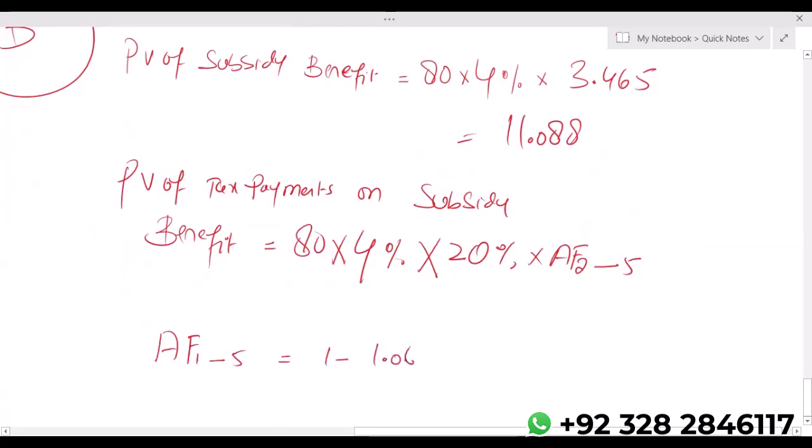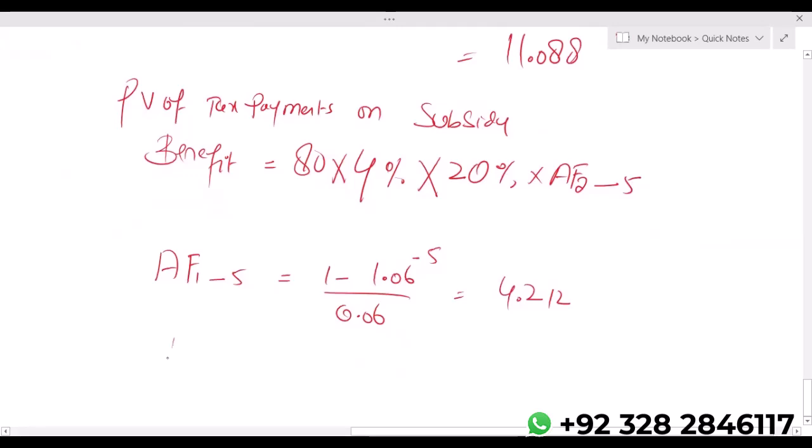1 minus 1.06 to the power minus 5, upon 0.06. So let me use the calculator. Students, I'm getting 4.212. Okay.